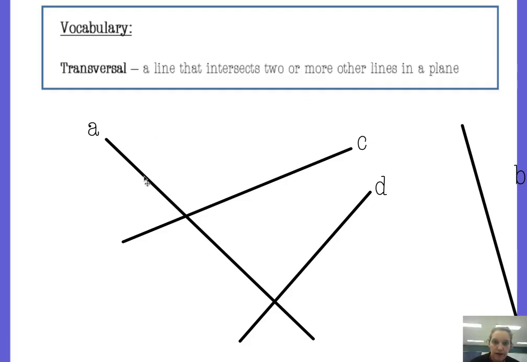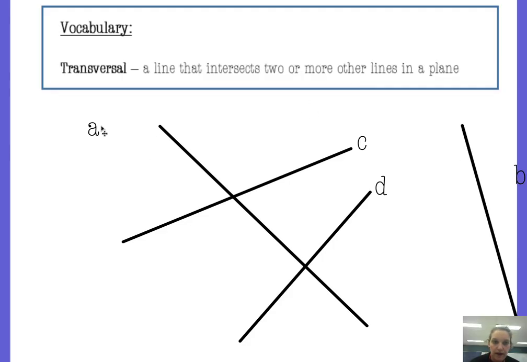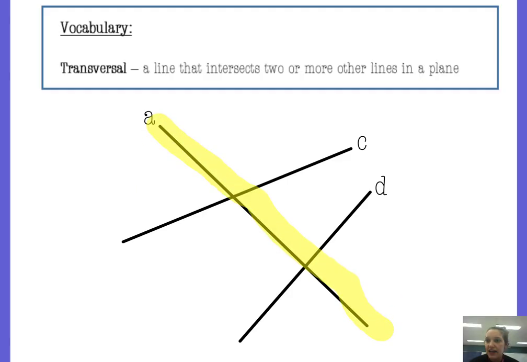And I'm going to move this over. Okay, so in this scenario, now that I've gotten rid of the line B, my transversal is line A. Here's my transversal. And then line C and line D are my 2 lines that it's intersecting.